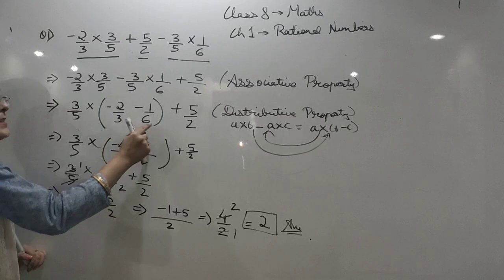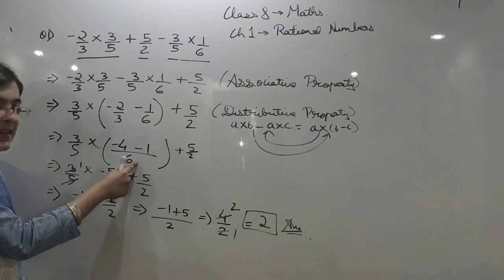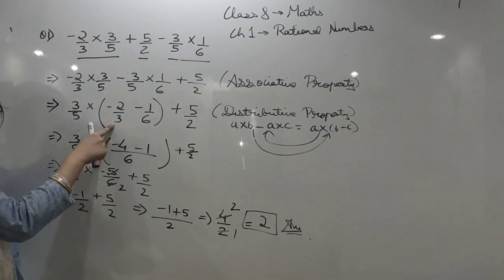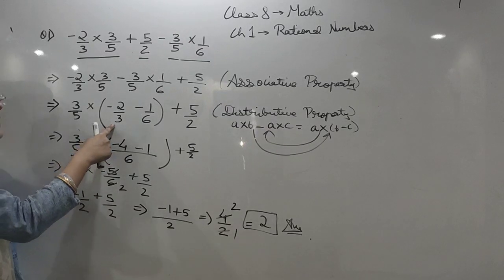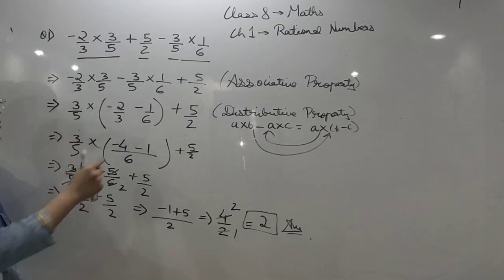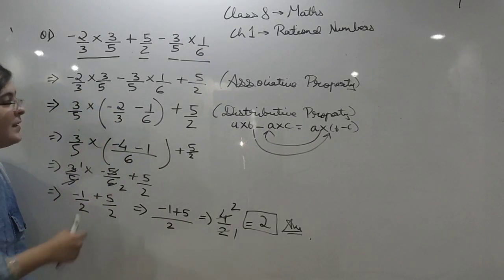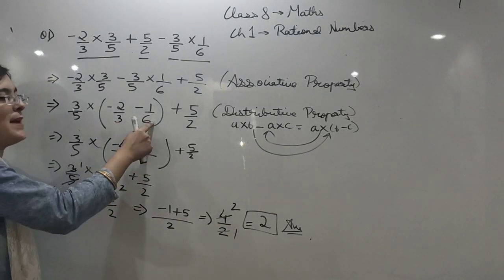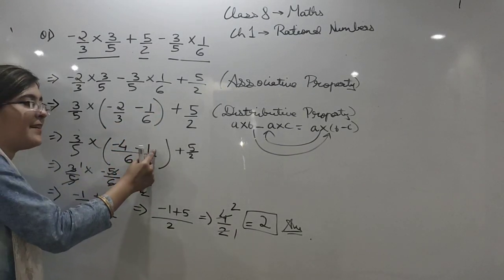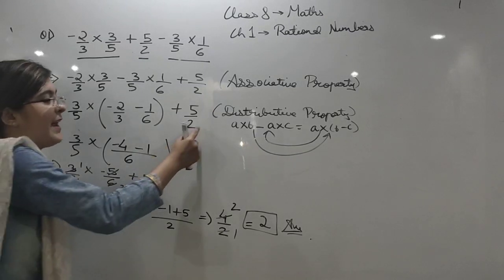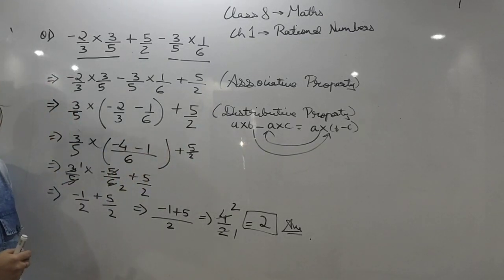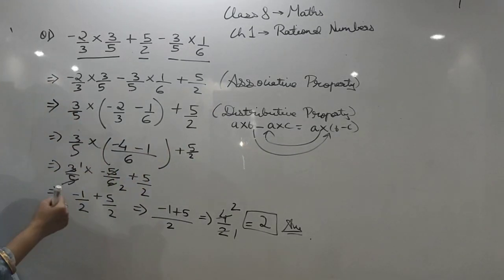Now, what is the LCM of 3, 6? 6. We will divide the LCM by the denominator. 2 will come. Then we will multiply it by minus 2. Minus 4 will come. Then we will divide 6 by 6. 1. 1 into minus 1, minus 1. And we will write it the same, 5 by 2. Clear? Now let's see the next step.